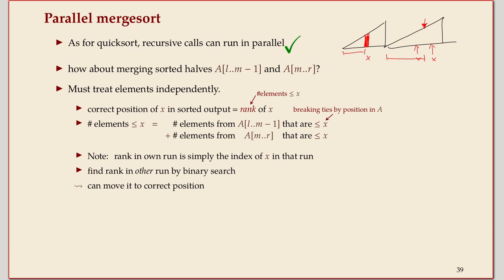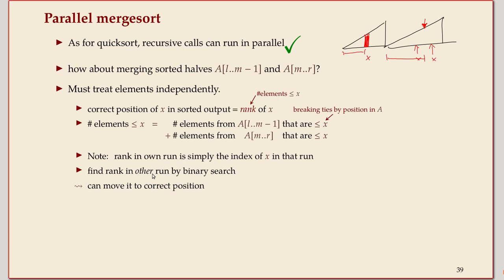So for each element, you do a binary search of this element in the other run. So that would be a loop over all the elements. And there will be two parts, one for the elements from the first run and one for the elements in the second run. You assign one processor to each element and use that processor to do a binary search in the other run.